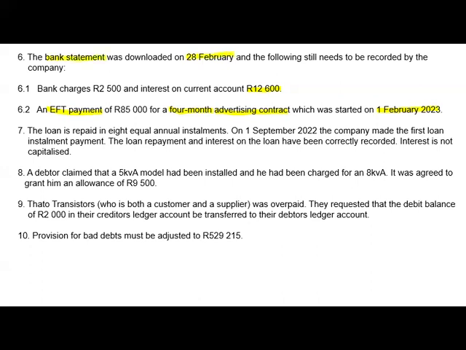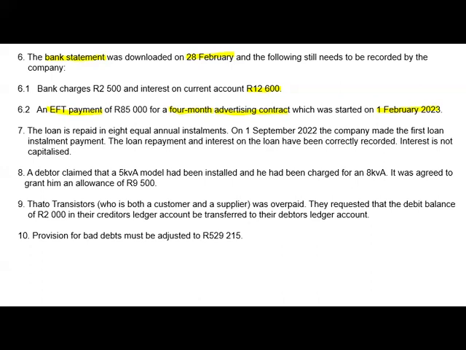So this was not recorded. It teaches you not to memorize. We are interested in the 3/4, but we only include the quarter of that. Only a quarter of 85,000 Rand must be included and added to our advertising.